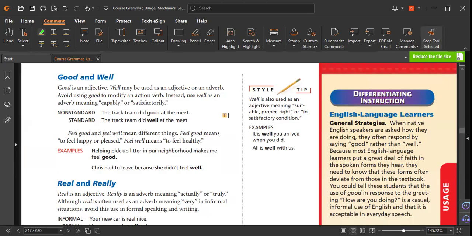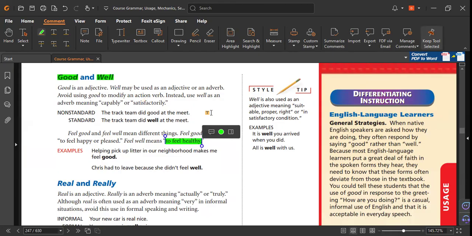Feel it? Good is an adjective, and the adverb of it is well. But if we use well as an expression meaning I am in good health, it is okay.